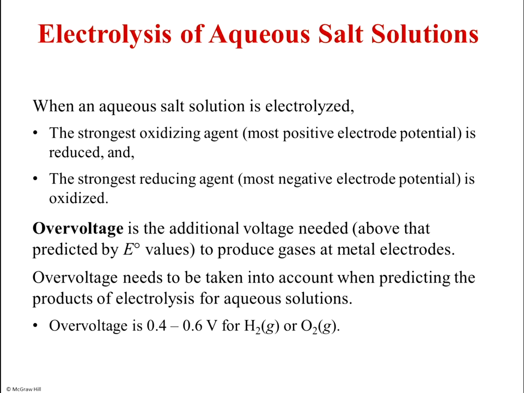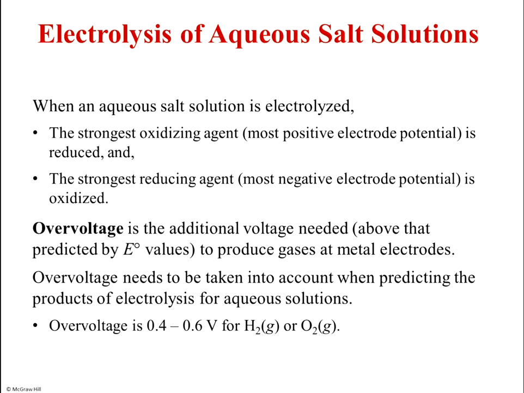So for example, if we take sodium chloride aqueous solution and we electrolyze this, we don't get sodium metal when it's reduced, we get hydrogen gas, because hydrogen gas is produced more readily from water than taking sodium ion and producing sodium metal. And you would predict this: if I throw sodium metal in water, I immediately get hydrogen gas. So sodium just remains as a spectator.